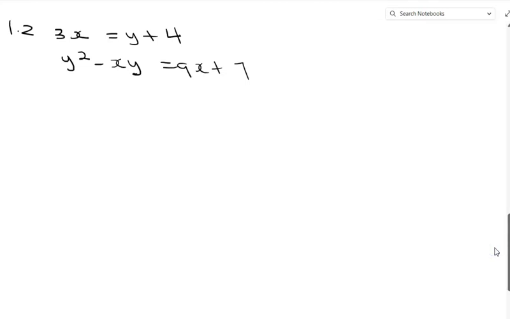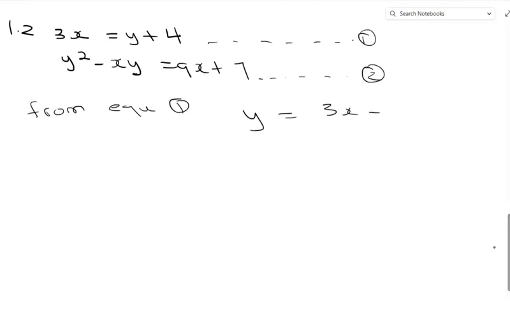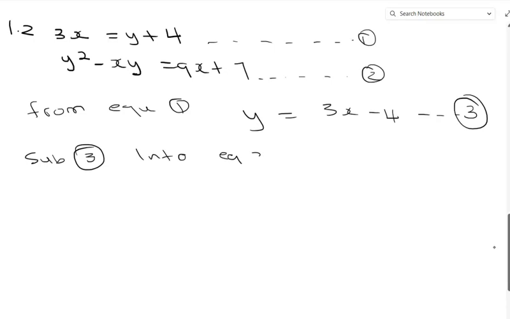So what we can do is say this is equation number 1, and we can also say this is equation number 2. And from equation 1, we can say y is equals to 3x minus 4, and we can say this is equation number 3, and then we can sub equation 3 into equation 2.